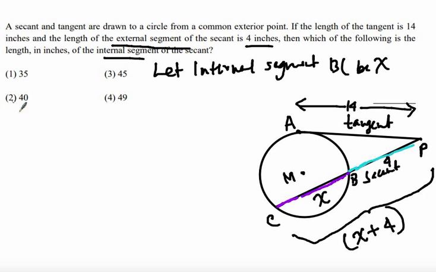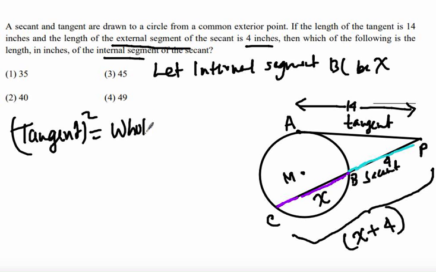Now we can apply the secant tangent theorem, which tells you to take the tangent, square that, and that is going to be equal to the whole times the part of the secant. So here the tangent is PA.